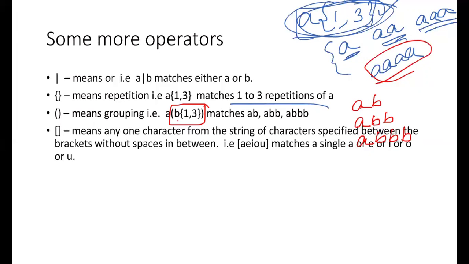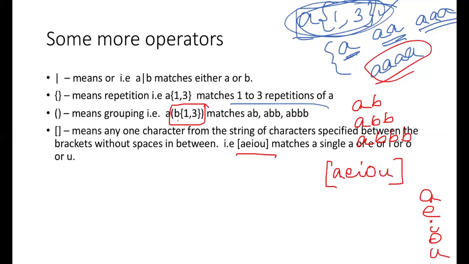Then we have the square bracket. The square bracket can be used to represent any character within the given set of characters. Look at this example: A, E, I, O, U. If there is a match for this regular expression, A will match, E will match, I will match, O will match, and U will match.